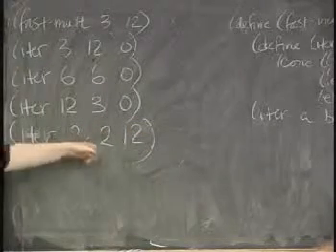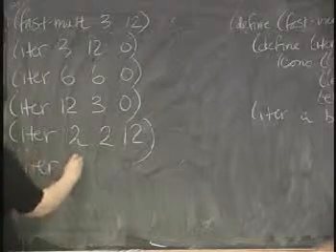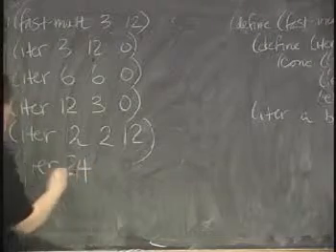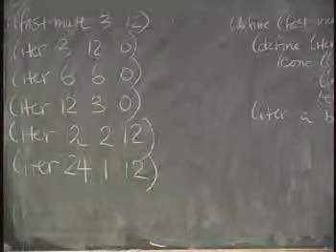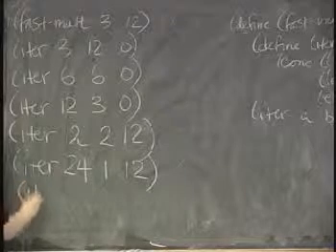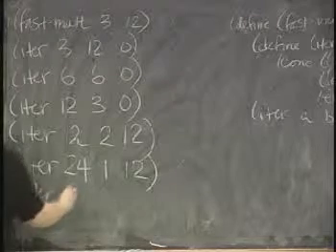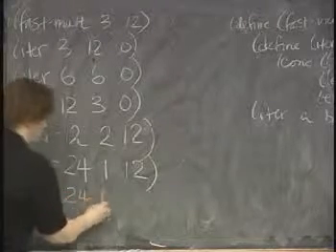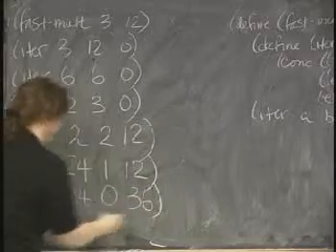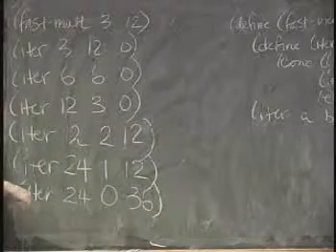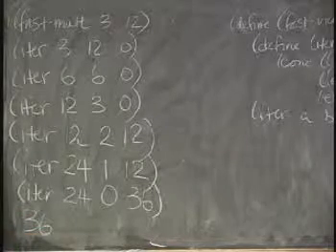B is not 0, but B is even. 24, 1, 12. B is not 0 yet. It is not even. So we iter on A, B minus 1, A plus the result. B is now 0. We return the result.